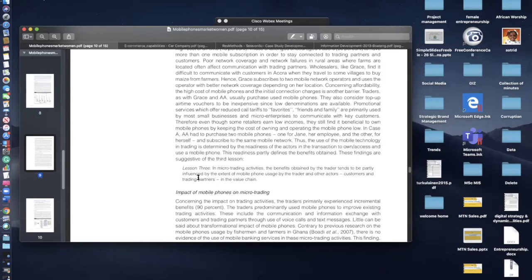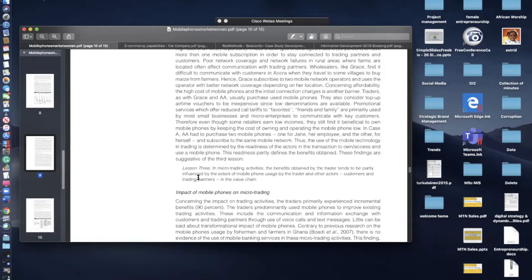That means that if your customers and trading partners are not ready to use the mobile phone, you, the trader, will get more or less value from the mobile phone. So if you look at this conclusion, the conclusion is externally valid because it's being applied to micro trading activities.